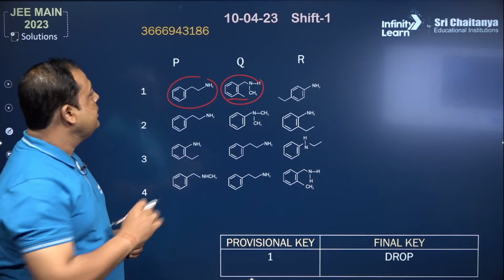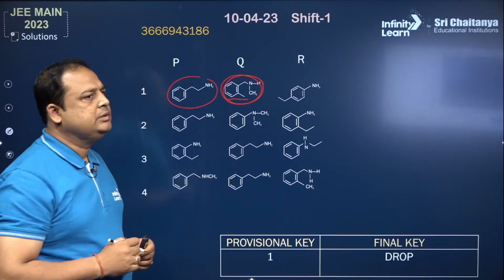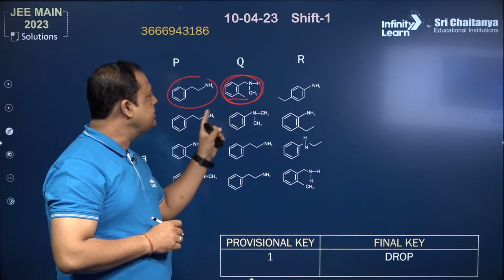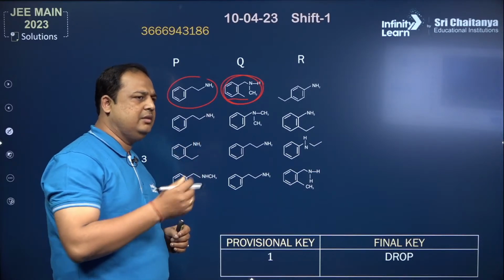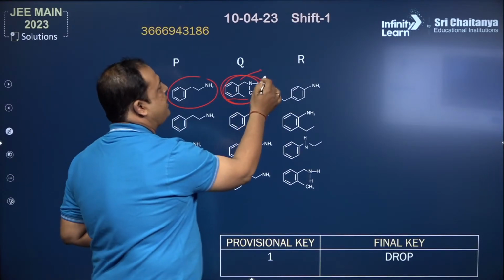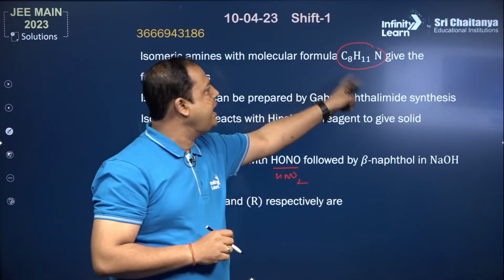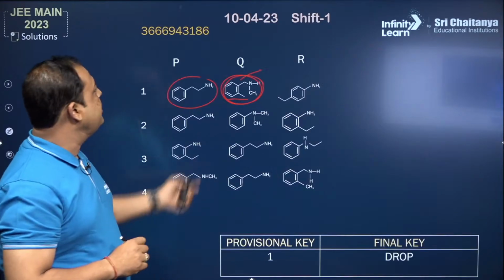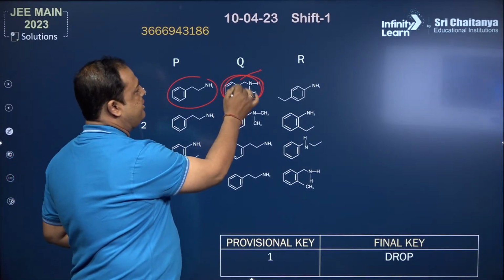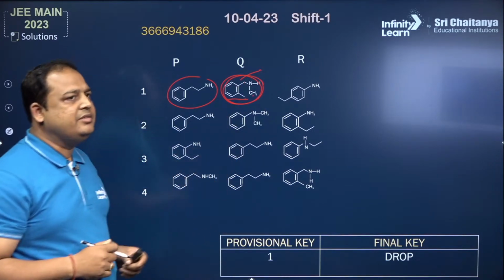But the thing is, is this matching the molecular formula or not? Actually, NTA has given the answer 1. But there is some mistake, I think, that should be dropped. Its molecular formula is not matching with what is given here. Its molecular formula should be C8H11N, and its molecular formula is C9. Just see here, 6 carbon is here, 1 and 1 and 1. So altogether C9 is there.